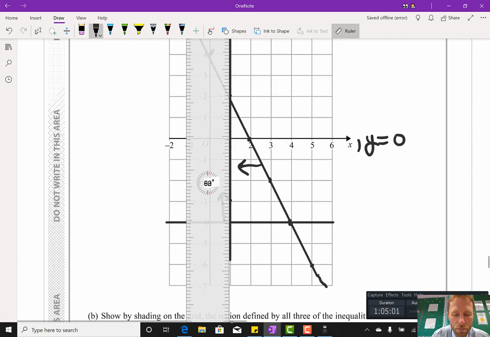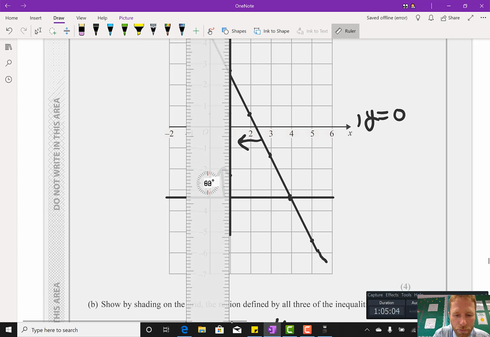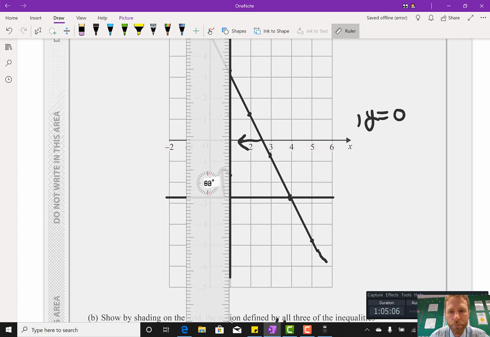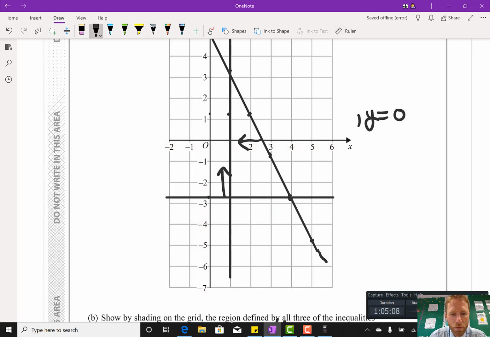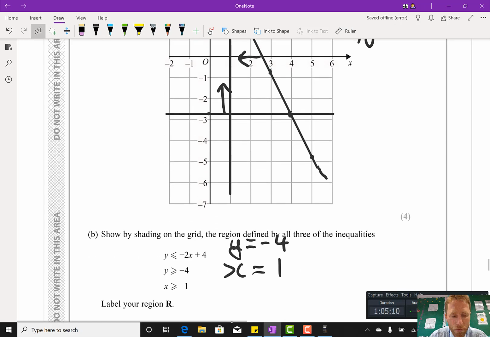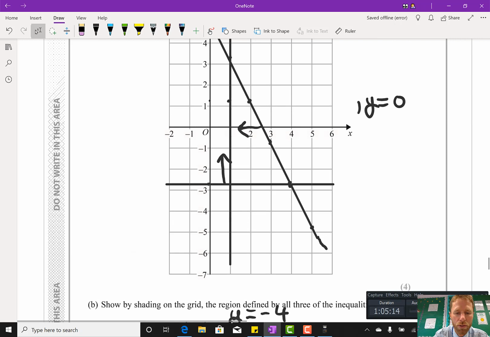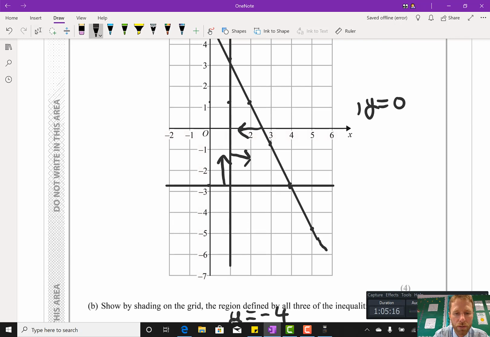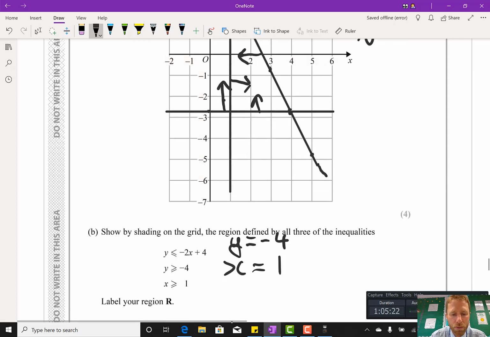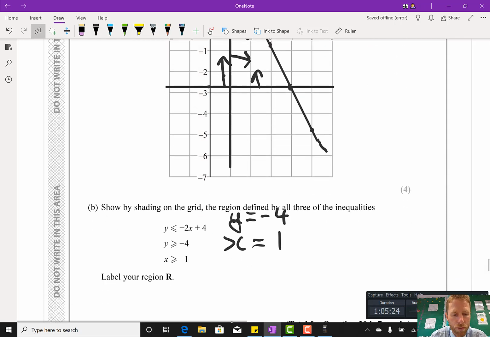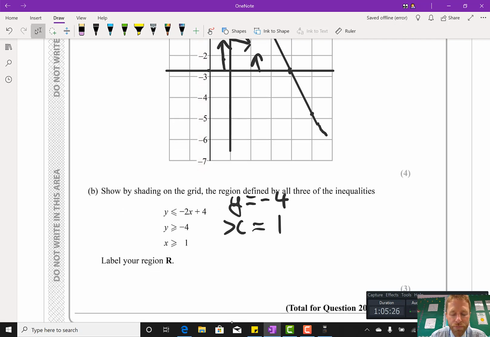All the way down the graph. No cheating this time. And it says x is greater than or equal to 1. So that's this side of that line, which means this arrow, actually I want here, because that's where I need to be. Let's read the question. Show by shading on the grid the region defined by all three of the inequalities.